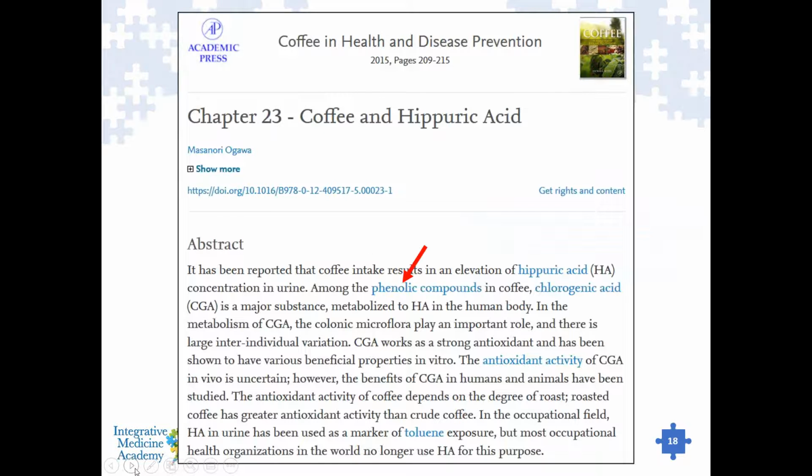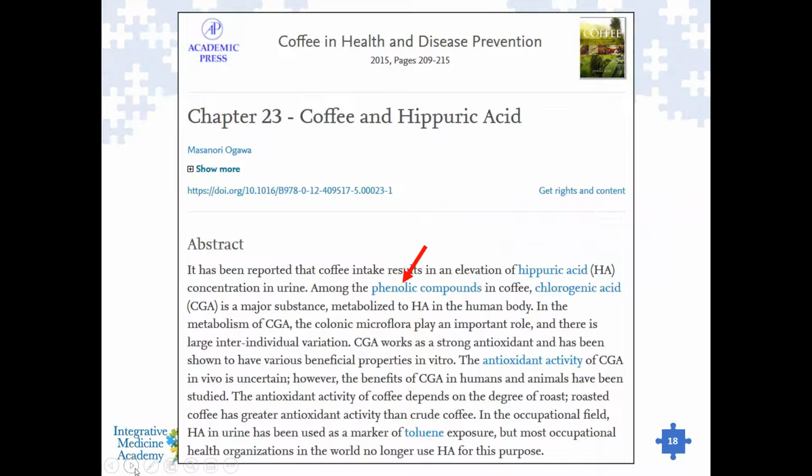And hippuric acid, okay, again, can come from this metabolism of chlorogenic acid. Chlorogenic acid is a phenolic compound, so it contains a benzene ring with a hydroxyl group that can be linked to coffee and other types of foods.